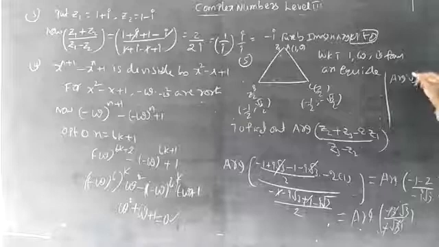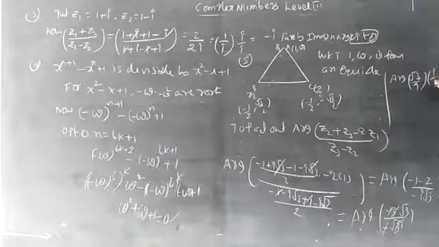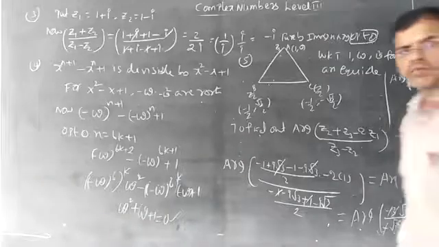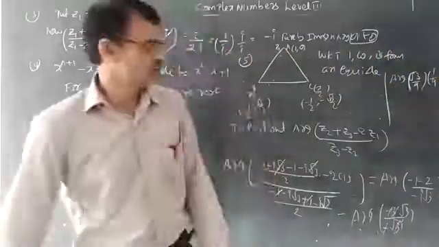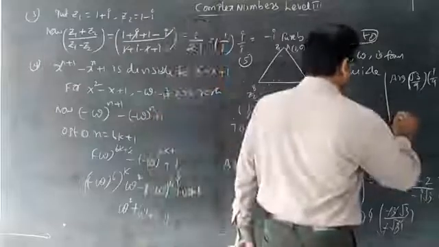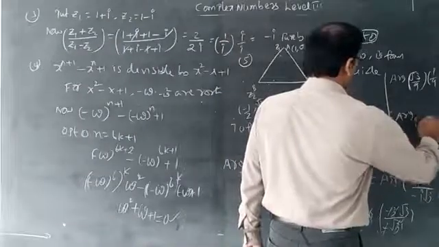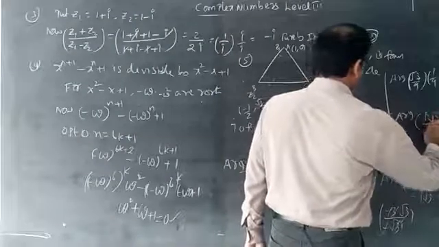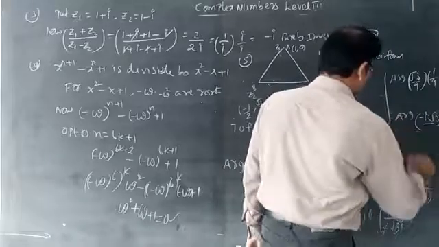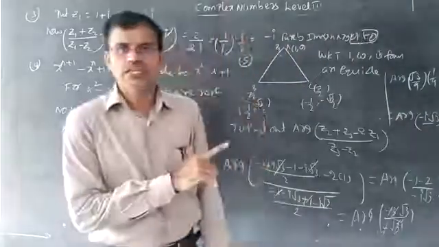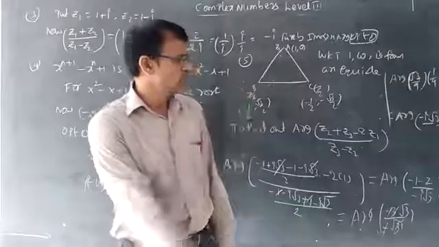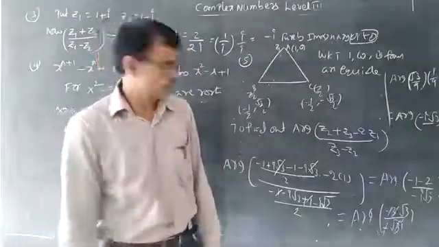Better to multiply and divide with i. It becomes argument of i root 3 by minus 1, so minus i root 3. Here you can understand that only the imaginary part is there, there is no real part.